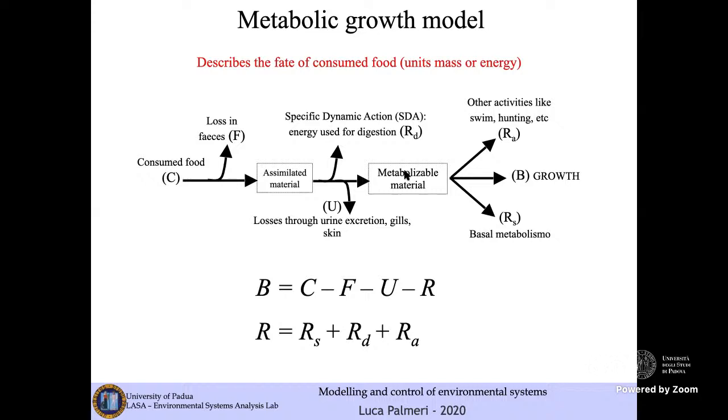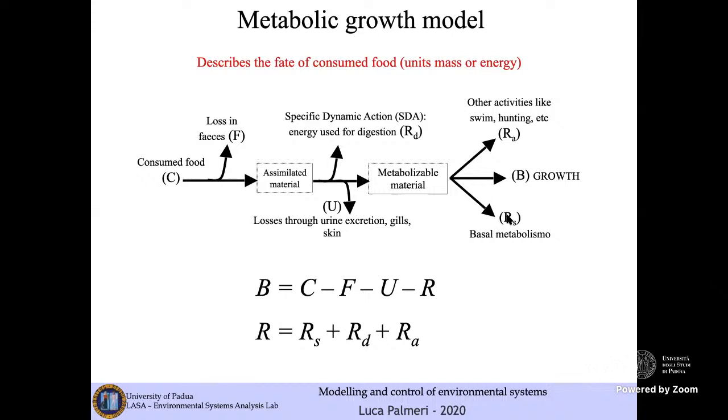Of this metabolizable material, a quota is immediately lost for various activities like swimming, hunting, and so on. This is the energy lost for surviving activities. A quota of this energy is immediately lost as basal metabolism.